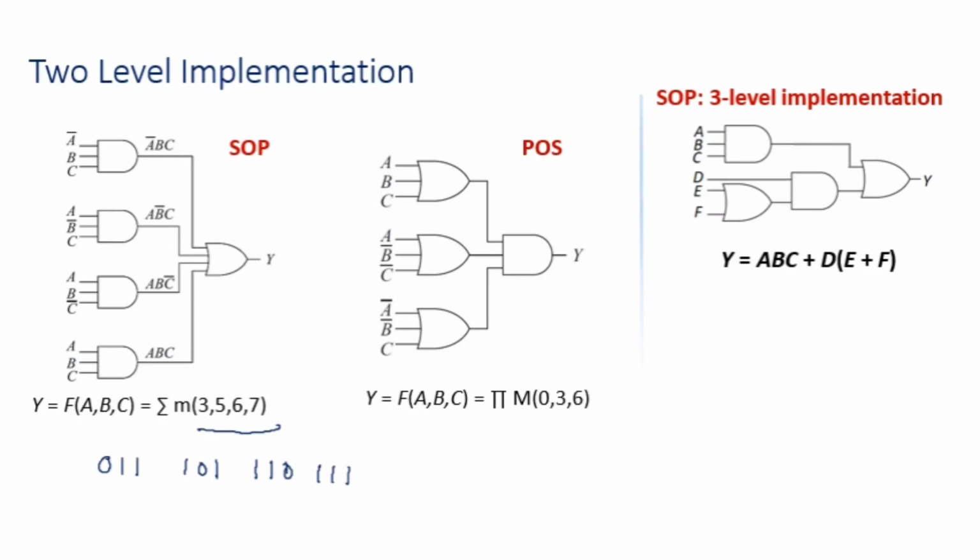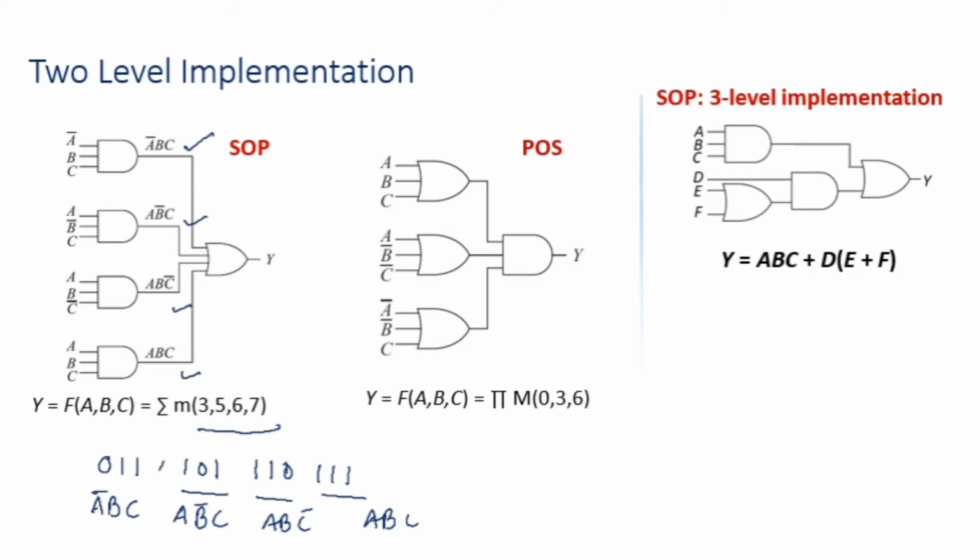So this 0, 1, 1 means A bar, B and C, this first term. This 101 means A, B bar, C, the second term. Similarly this 110 means A, B, C bar, the third term. And this 111 is A, B and C, the fourth term.